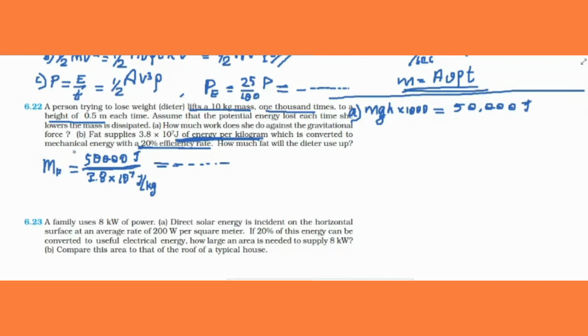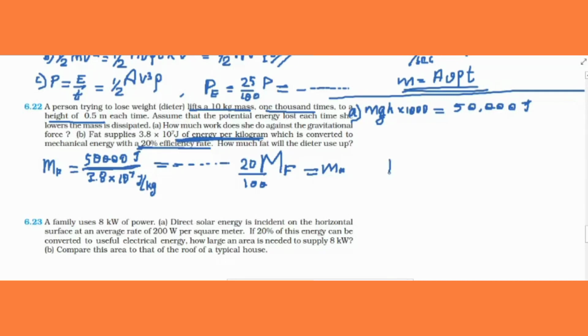Once again I repeat, as the efficiency is only 20%, whatever mass we got, which is exactly totally converted into energy, is only the 20% of actual fat. Therefore, the mass of actual fat, MF, it's 20% only exactly converted to energy, small MF we can take, which we have calculated here in this case.